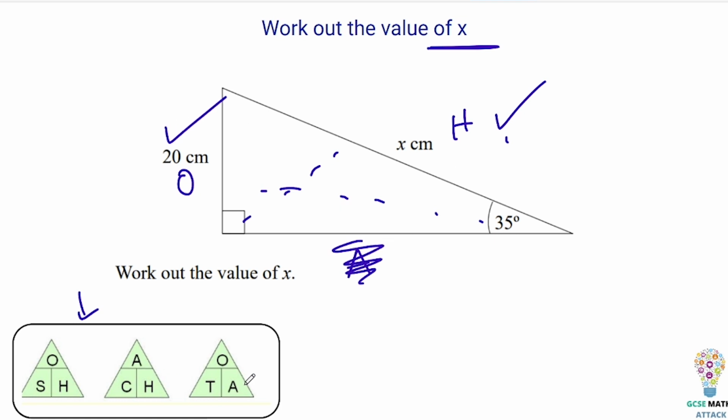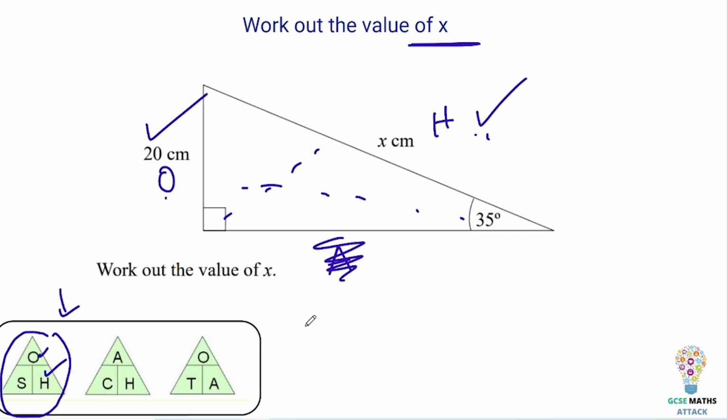So which one of these three formulas have O and H? I can see that this has O and it has H in the same triangle. Okay, now I've been asked to work out the hypotenuse, so I'm going to scribble that out. If I'm asked to work out the hypotenuse, I can see that it's O over sine theta. So in order to work out hypotenuse, it's going to be opposite divided by sine theta.